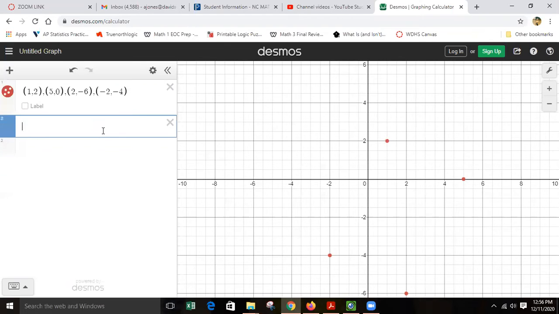You ready? You might want to write this down. You type in the word distance. You have to know how to spell it. You put in a parenthesis. You type in another one so you can put the coordinate. That coordinate was 1, 2. And our other coordinate was 5, 0.